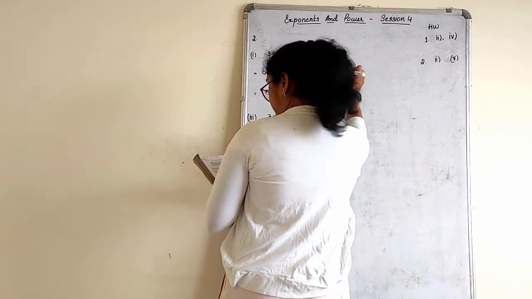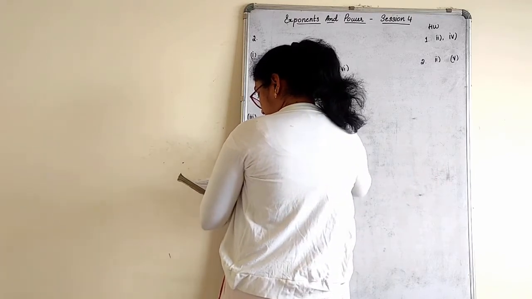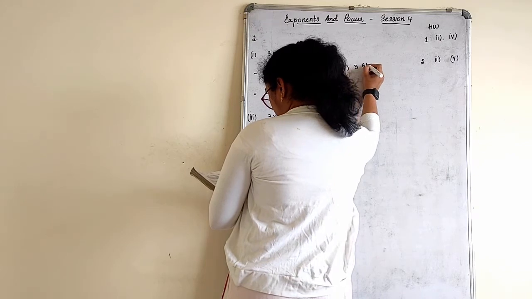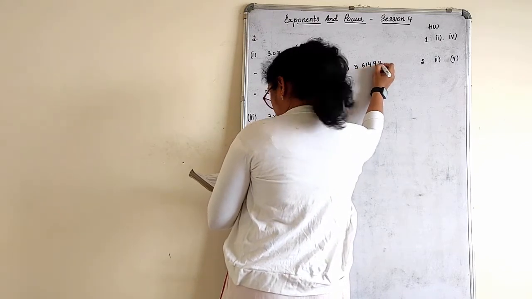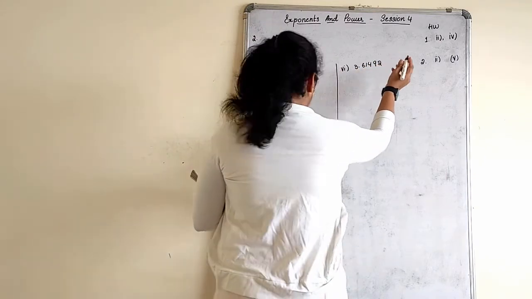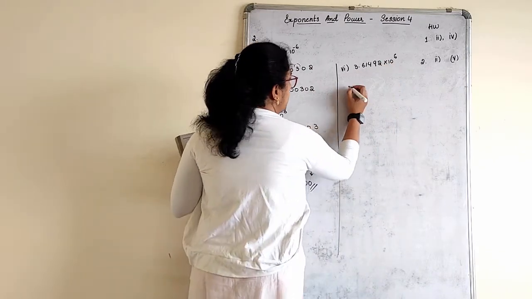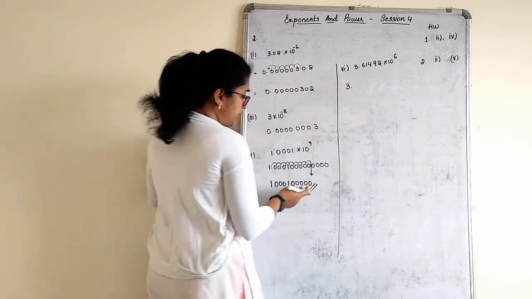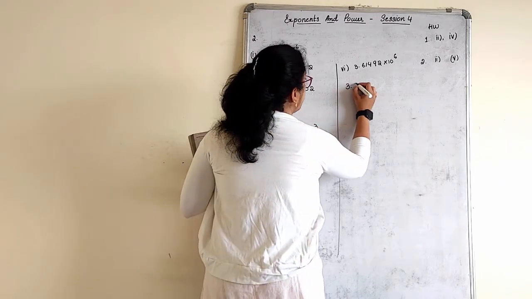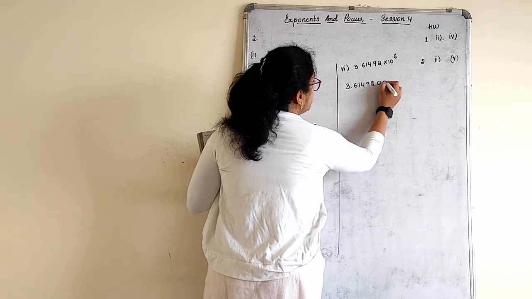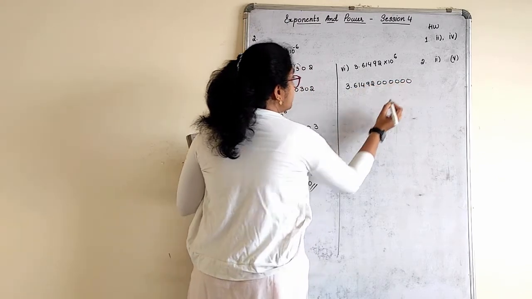Sixth one, 3.61492 into 10 raised to 6. Same thing if you want, it is simple. Again, directly you can write, children, if you want. 3.61492, 1, 2, 3, 4, 5, 6.